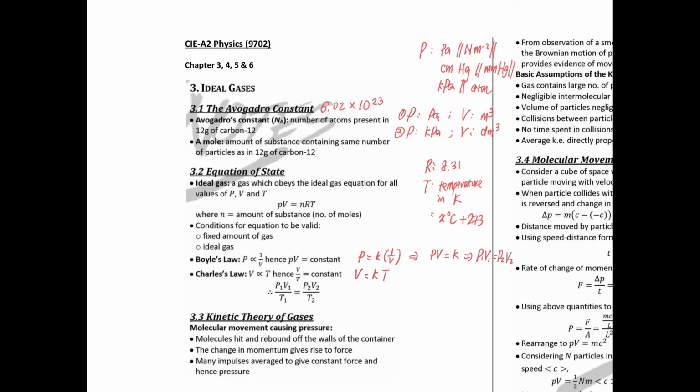So we get V equal to kT, and then we get V over T equal to constant. And then we can create a formula, V1 over T1 equal to V2 over T2. So this is Charles' law. And you combine Boyle's law and Charles' law, then you get an equation, which is P1 V1 over T1 equal to P2 V2 over T2.